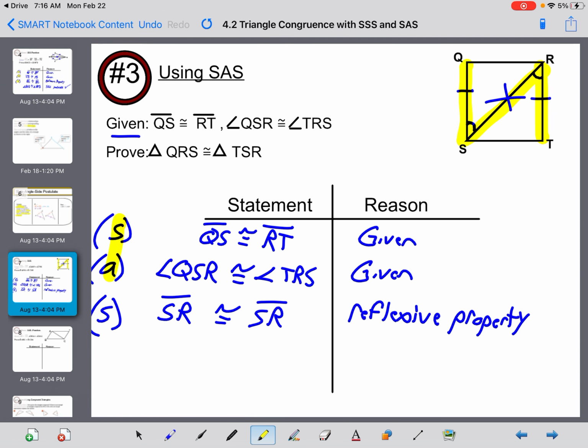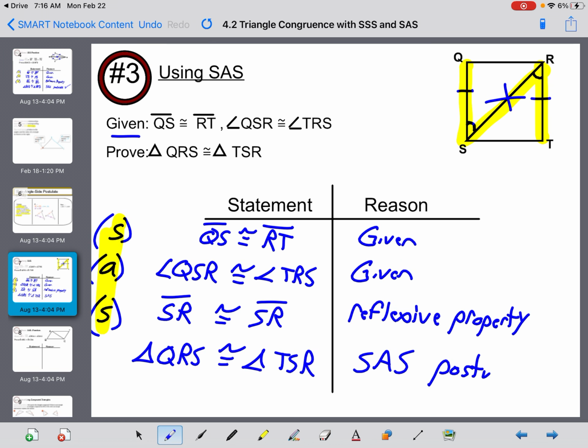Okay, so now since we have side, angle, side, we've proved all three, I can say that triangle QRS is congruent to triangle TSR by the side, angle, side postulate.